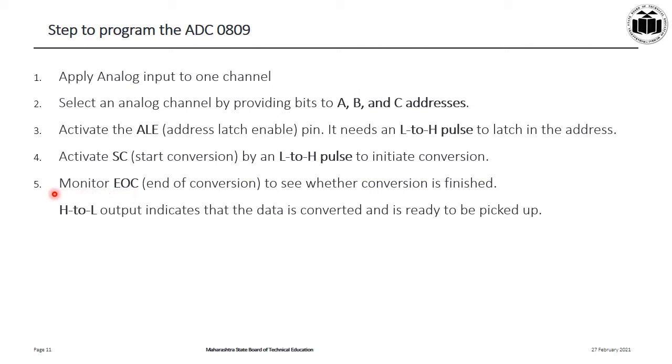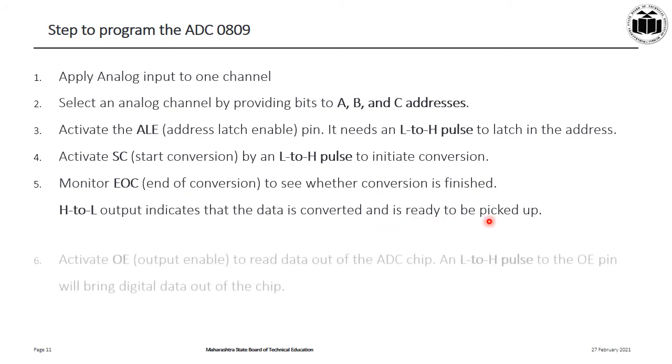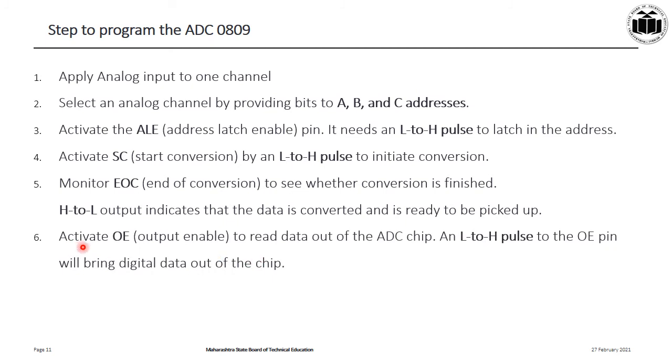Once conversion is finished, we get high to low output. That indicates the data is ready to be picked by microcontroller. Then output enable is activated by low to high pulse. That will bring the data out of the ADC chip. And repeat step 2 to 7 for next conversion.